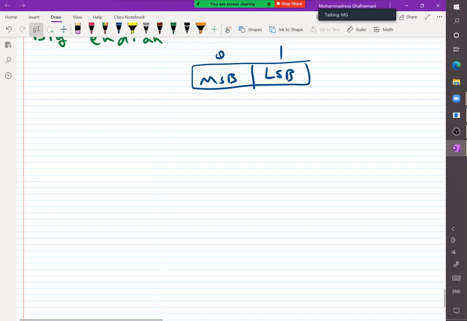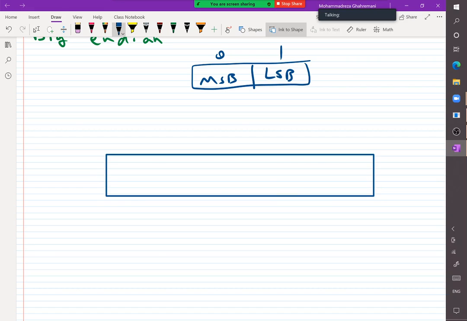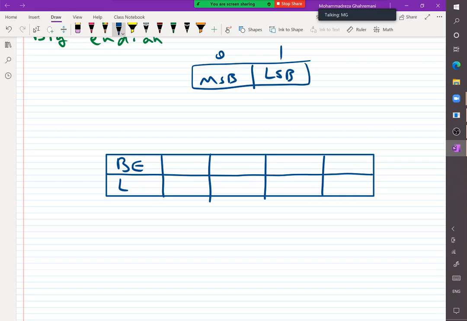So let me just show you an example. Big Endian, Little Endian, and here is the address.